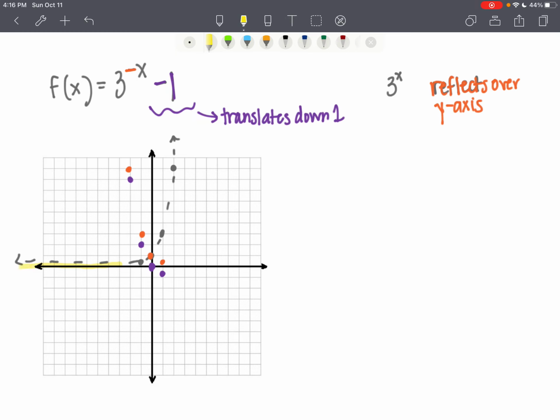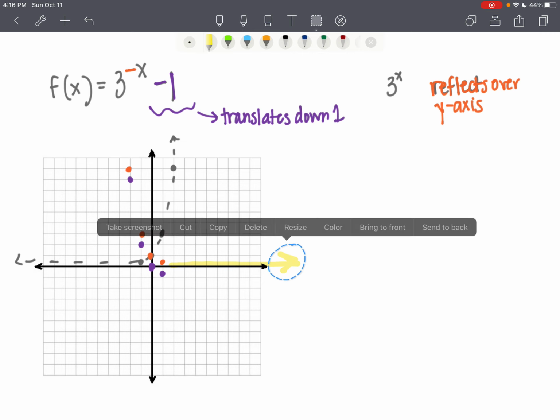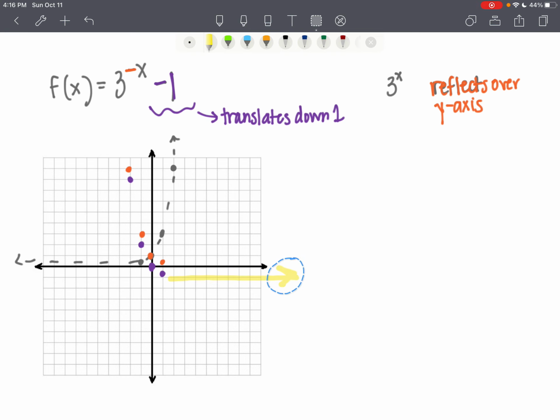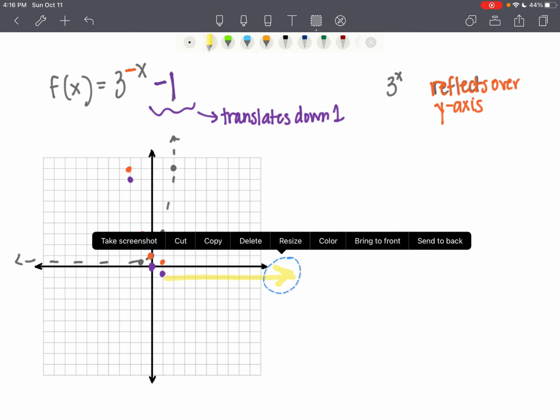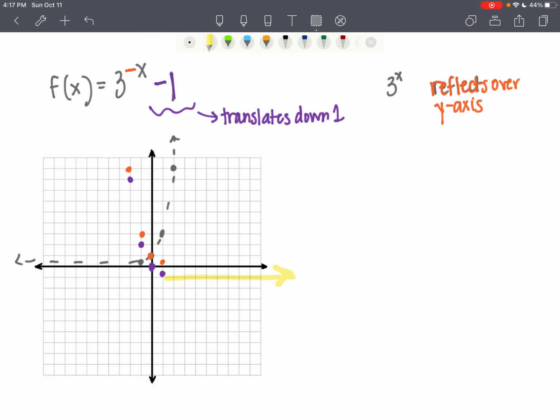Now before I draw the curve, my asymptote that is normally going towards negative infinity on the x-axis, reflected over the y-axis, is going towards positive infinity. Likewise, the translate down has brought that asymptote down to y equals negative 1.